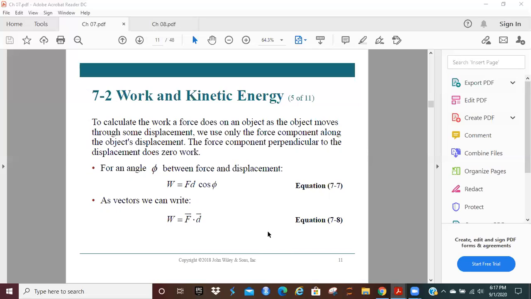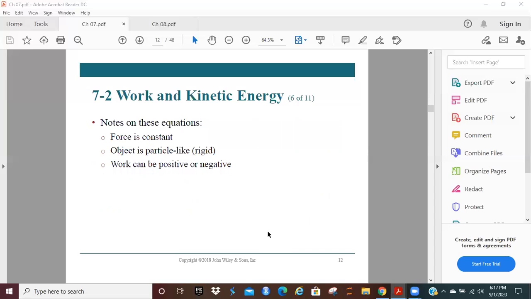And if you're going to write this as a vector, you're going to write it as the dot product of F and d, force and displacement. So the notes on these particular equations are that the force is constant, the object is considered to be particle-like, and that work can be positive or it can be negative.